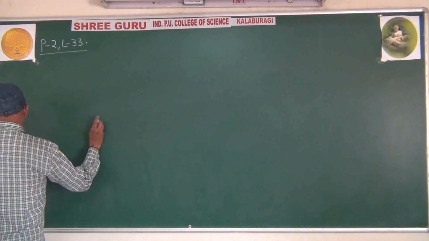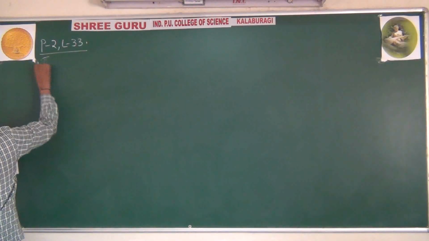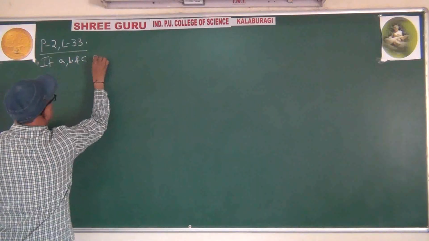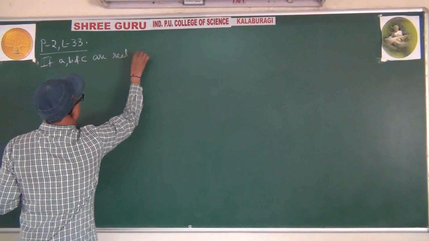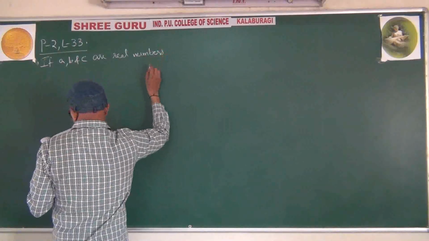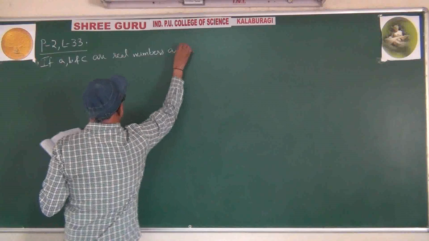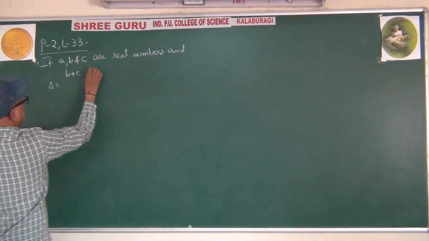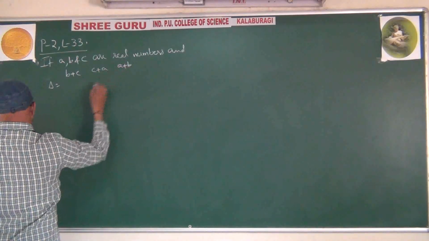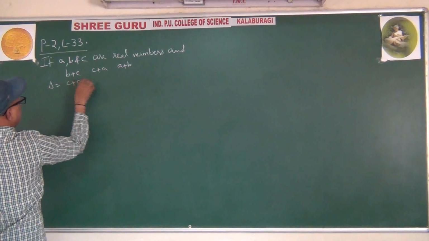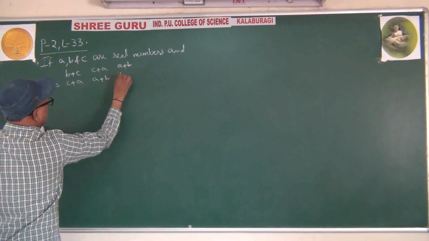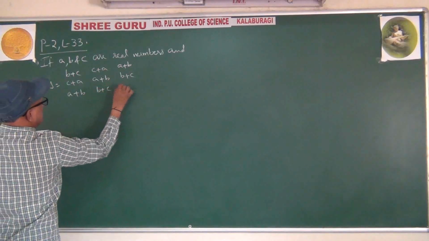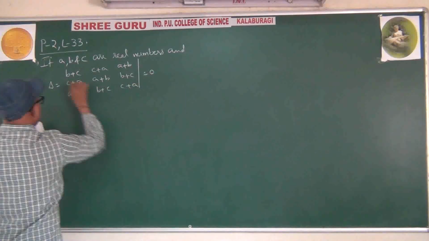Next question. If A, B and C are real numbers, and delta equals the determinant with rows B plus C, C plus A, A plus B; C plus A, A plus B, B plus C; A plus B, B plus C, C plus A, equal to 0.